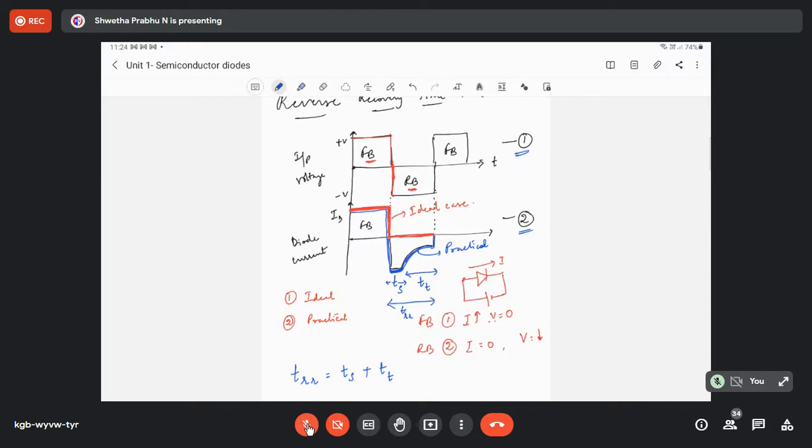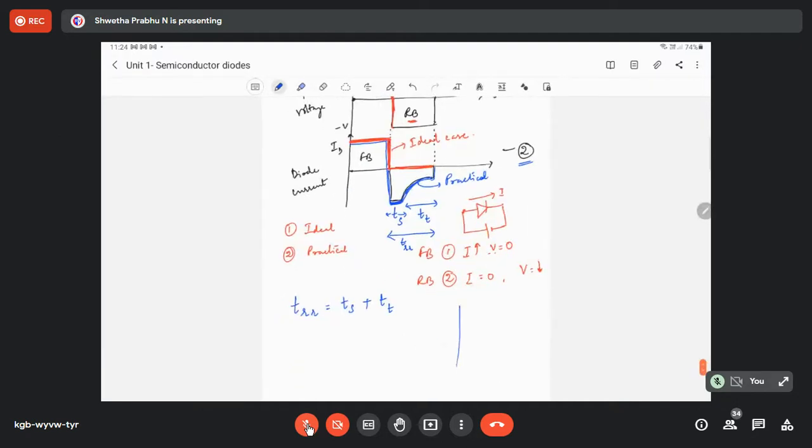Under the practical case, the forward bias follows the same as the ideal. The only difference is with respect to the reverse bias case, as you have seen in the characteristics. Here you get a minute value of current. The IS will be somewhere around nanoamperes or microamperes.